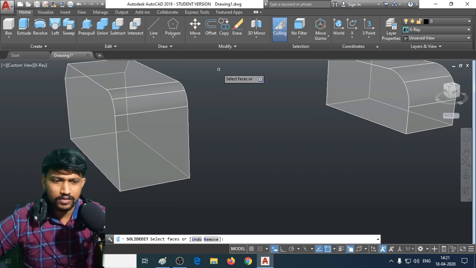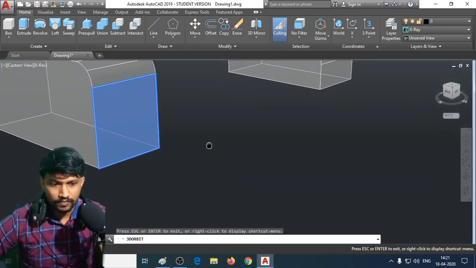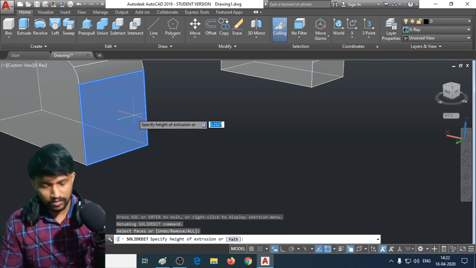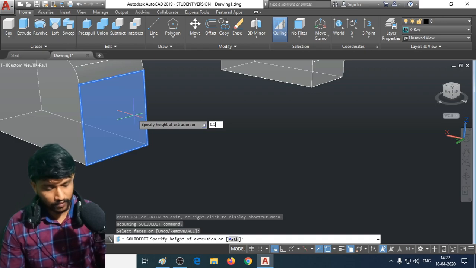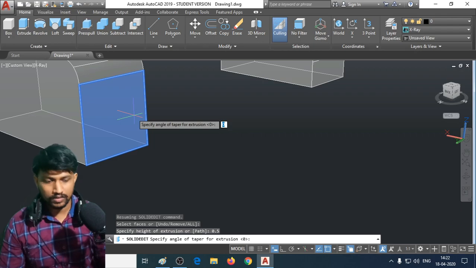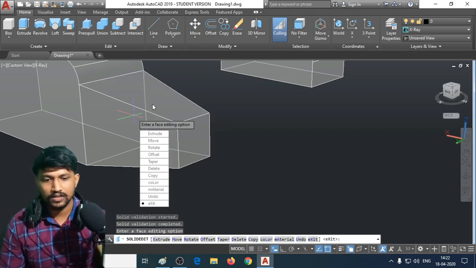Extrude faces is also somewhat similar to the option that you have seen earlier. So extrusion height, say 0.5. Don't want to include the taper, so let's include some taper also, say 10 degrees.